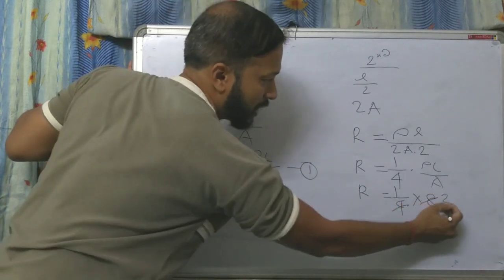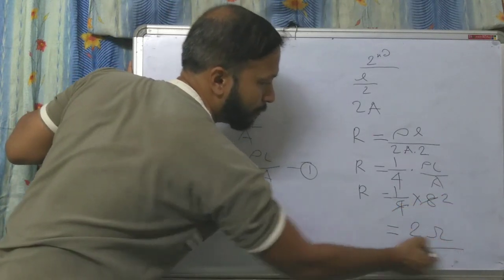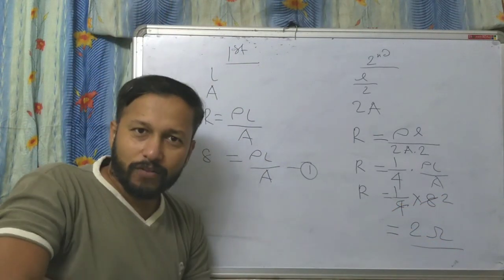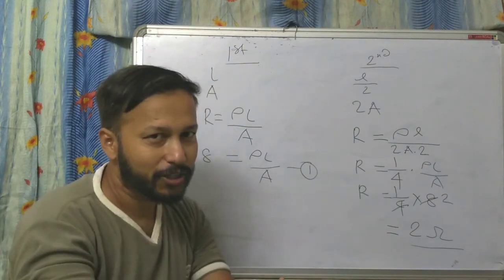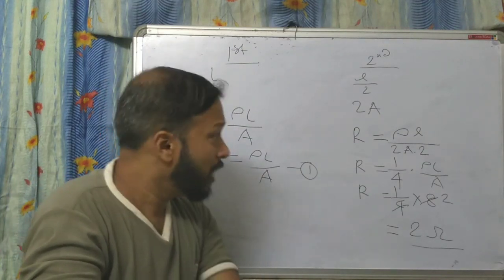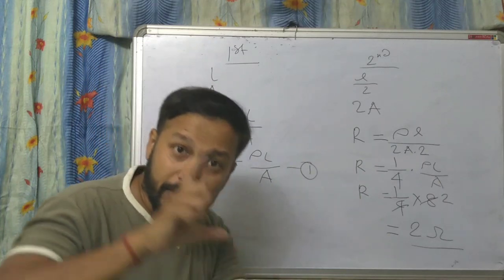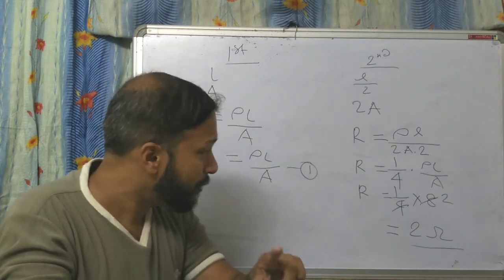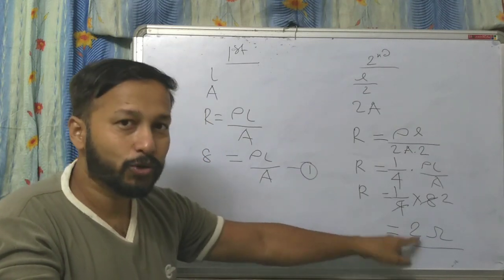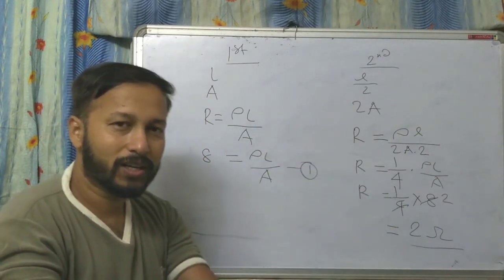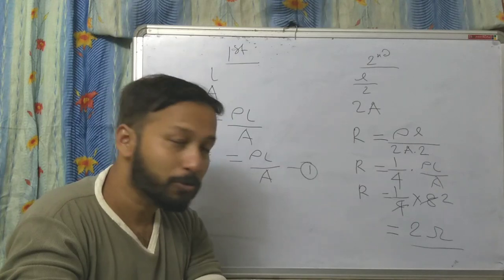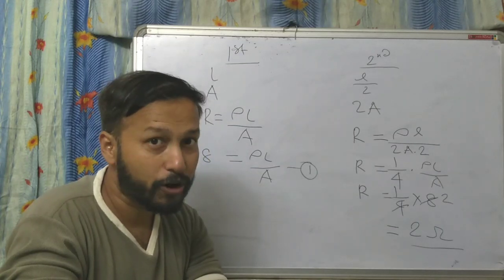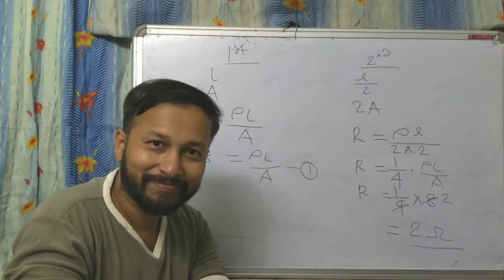So 8 by 4 gives 2 ohm, the resistance of the new wire. So when your wire is doubled on itself, the resistance will be 2 ohm, whose resistance was 8 ohm before. Understood the sums? You must practice these sums. These sums are very important for your examination. Thank you.